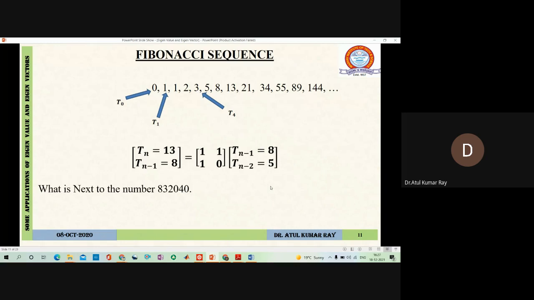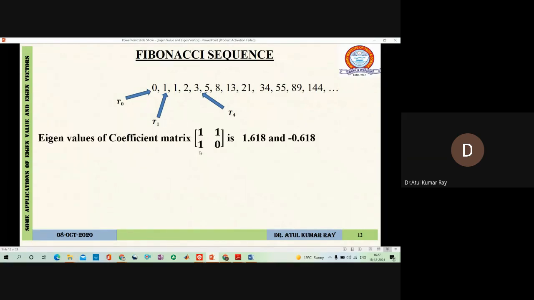For this we will find the eigenvalue of this matrix, 1101. Obviously the eigenvalue for this matrix is 1.618. Now we have obtained the eigenvalue.